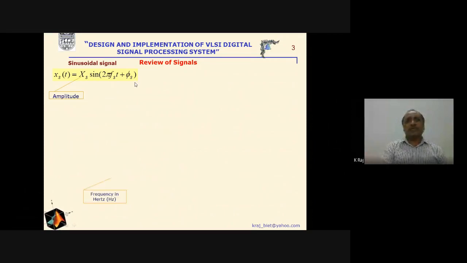Here the capital X_s represents the amplitude, the small f_s represents the frequency in hertz, t represents the time in seconds, and phi_s represents phase in radians.